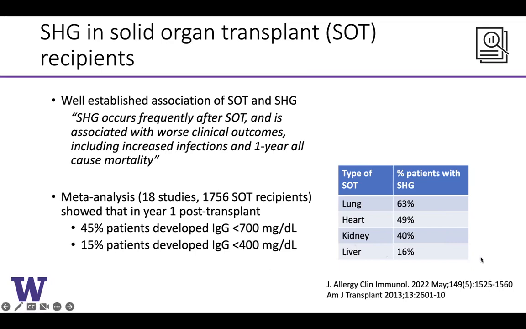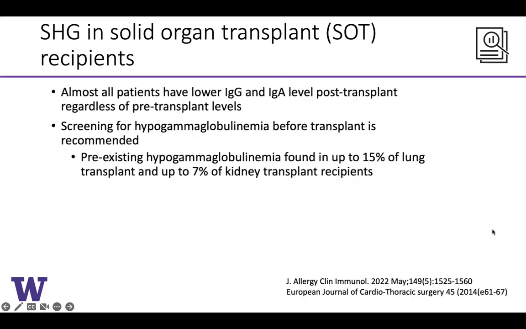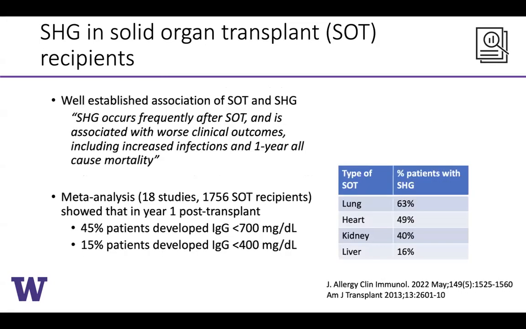And it did vary depending on the type of transplant, with this being most common in lung, followed by heart, kidney, and liver. Almost all patients had, so this notes patients reaching a pretty significant hypogammaglobulinemia.